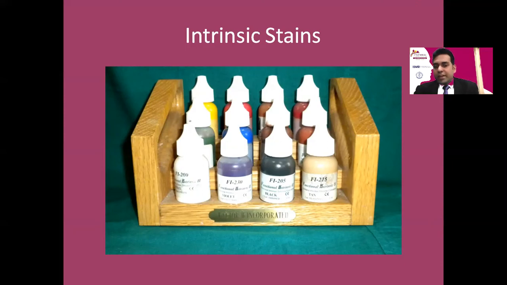In India, we have a tendency towards a yellowish skin tone in most of the patients, but it's going to vary from patient to patient. So you need to assess the skin tone very precisely, and you can choose different intrinsic stains so that precise color matching can be done.